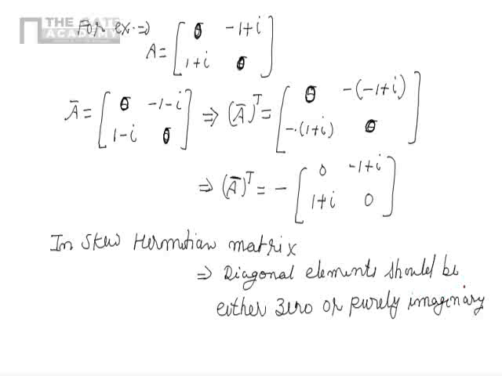The reason is quite clear here. We have seen one example with 0. Let's consider if any imaginary number were coming here. If I take the complex conjugate, it will give a negative sign, and again I need to take the negative out of this. So finally it will become the skew Hermitian matrix. So the diagonal element should either be 0 or purely imaginary.